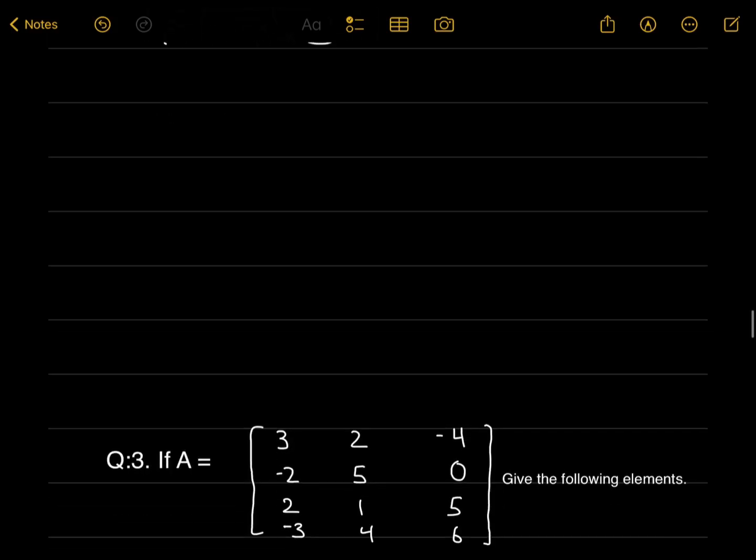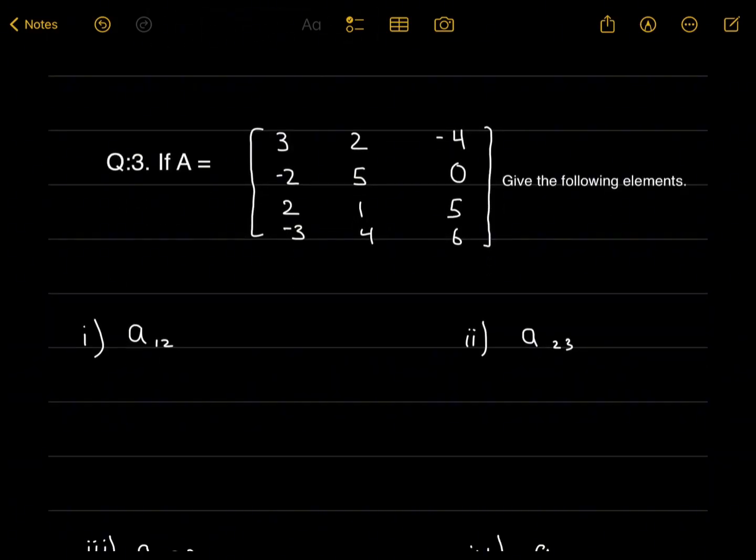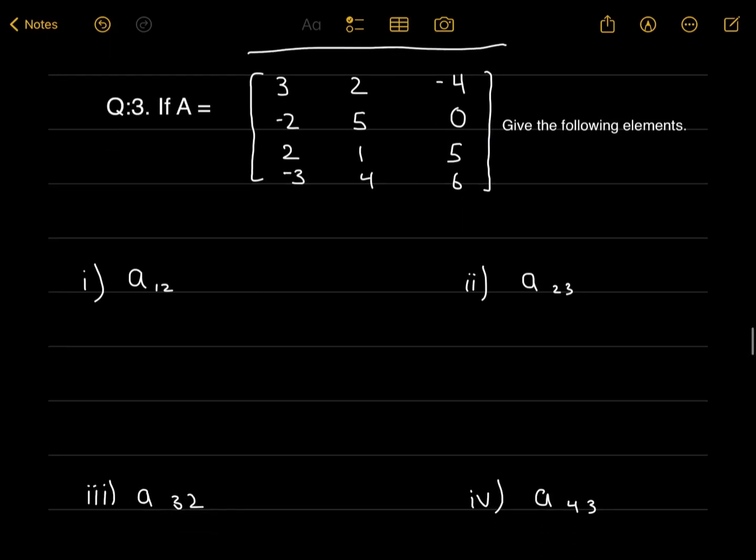Let's start the next question. Next question says, if matrix A is equal to this matrix, give the following elements. We need the given elements. So here they say A12.